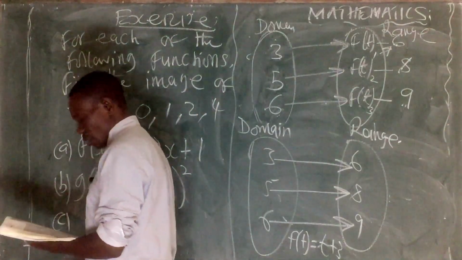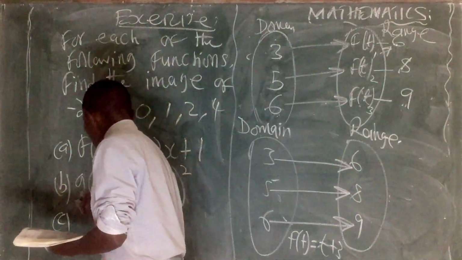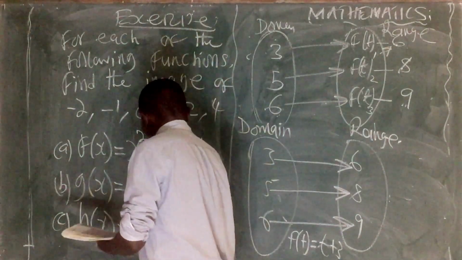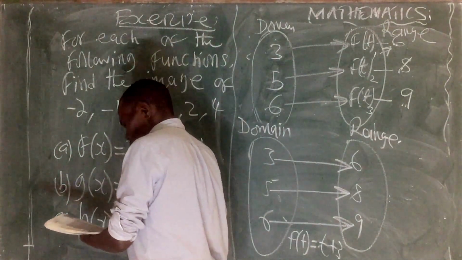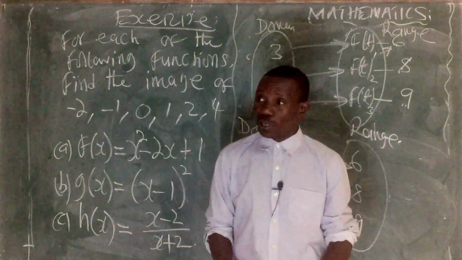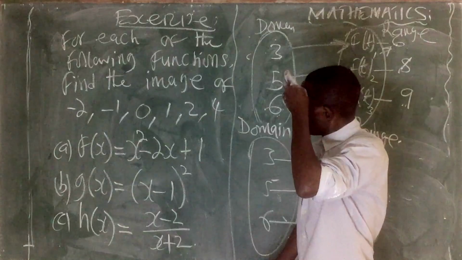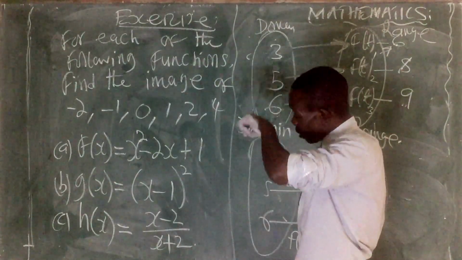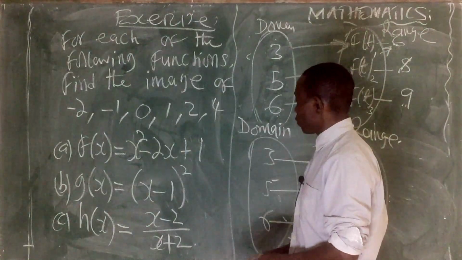And lastly, we have a function here, h of x is equal to x minus 2 over x plus 2. Right. So this is a cover-up or concluding exercise that your students should have.